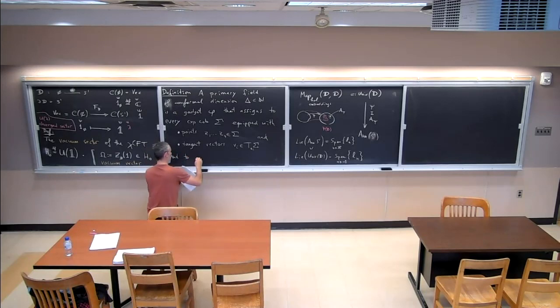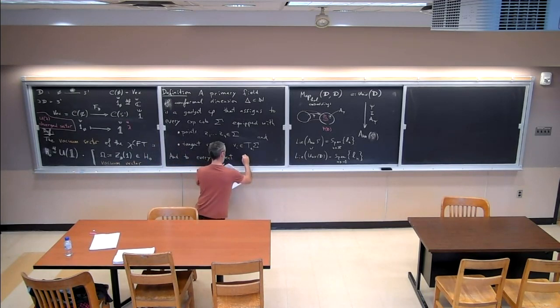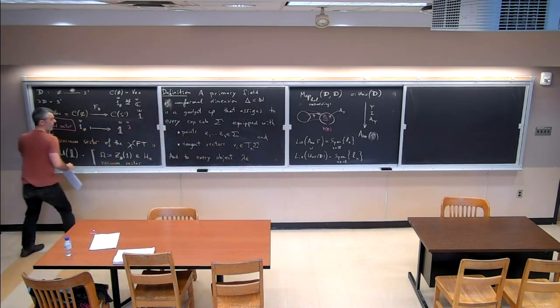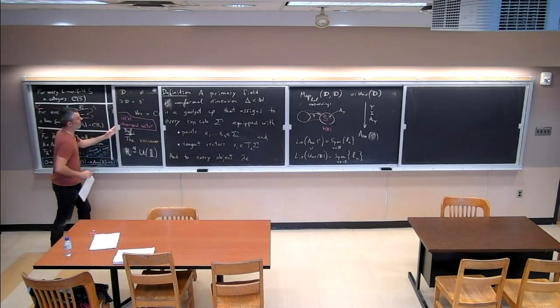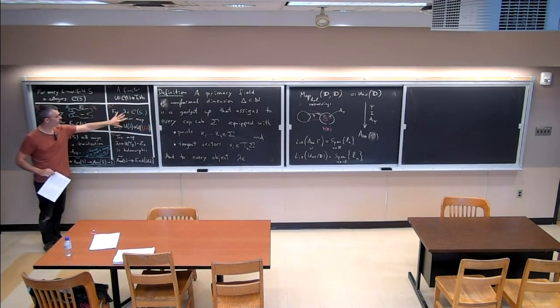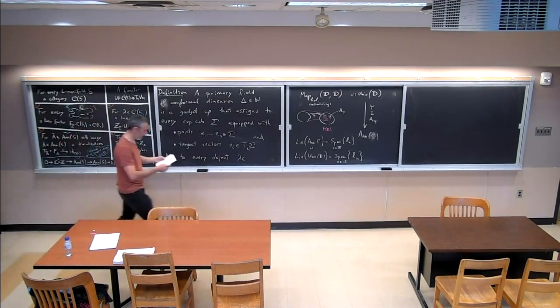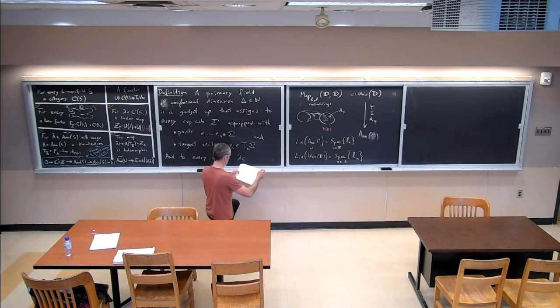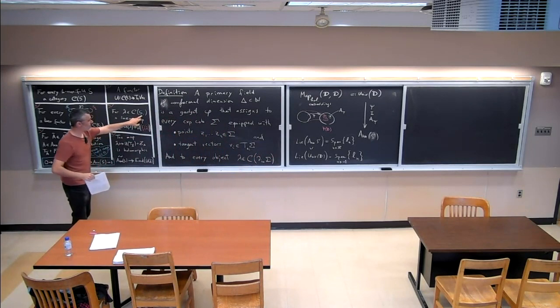And to every object lambda in, so I'm going to write something that looks very similar to this item in this box here, in box 2b, and lambda in the incoming boundary of sigma, this thing that I called S1.